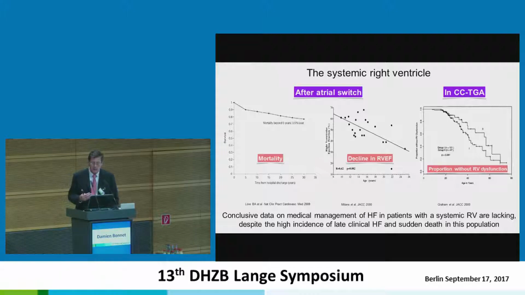For the systemic right ventricle, we know that there is a progressive decline in right ventricular ejection fraction with time, and that it is closely related to mortality, either after the atrial switch or also in congenitally corrected transposition. But today, all the trials that explored the efficacy of any heart failure drug in a systemic right ventricle failed to reach the primary endpoint.